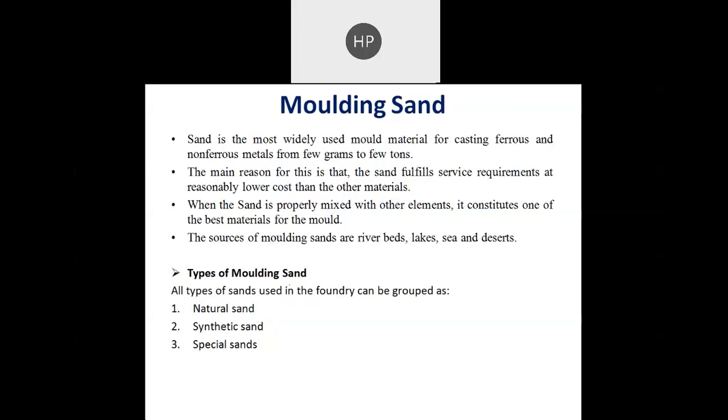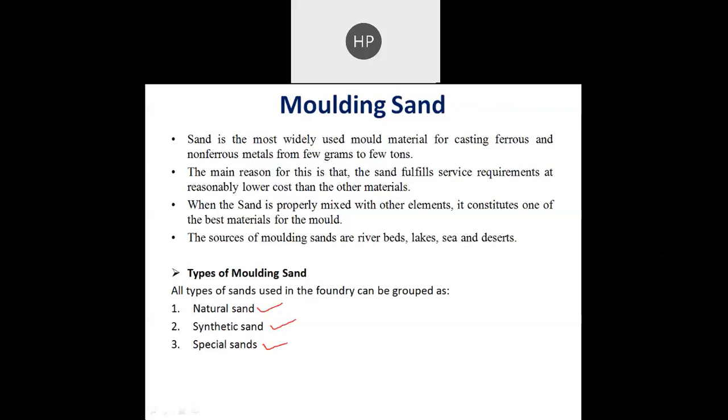for the mold. And the various types of molding sand that can be used are grouped as: first, natural sand; second, synthetic sand; and third, special sand.